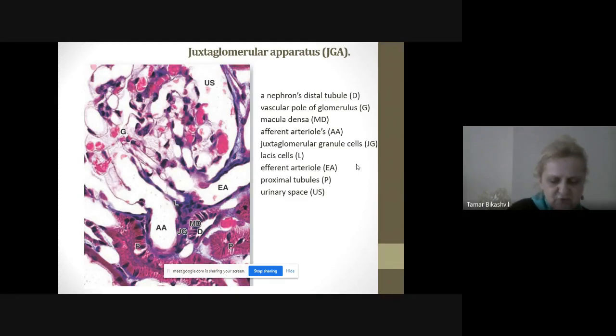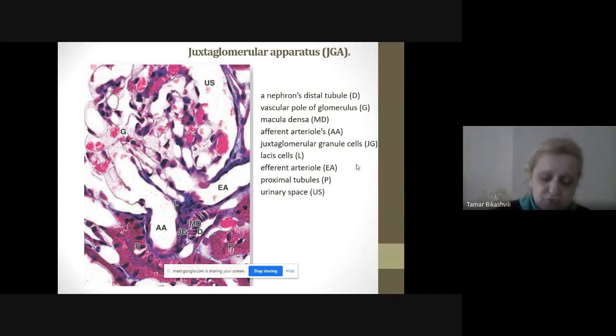Conversion of angiotensinogen into angiotensin 1, then angiotensin 2, and especially angiotensin 2, this vasoconstrictor, raises systemic blood pressure and stimulates the adrenal glands and starts secretion of aldosterone.